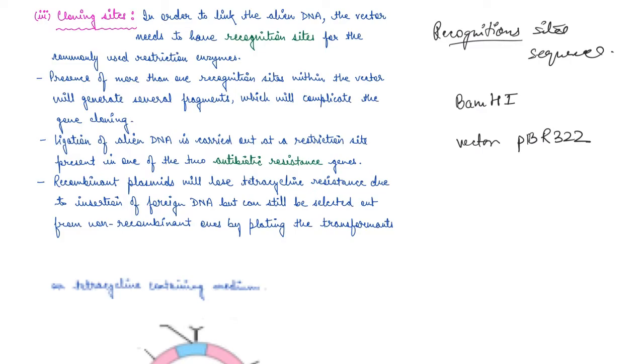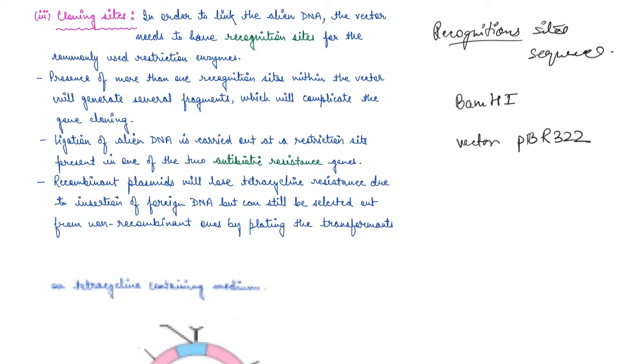So the transformants growing on ampicillin containing medium are then transferred on a medium containing tetracycline. And these recombinants will grow in ampicillin containing medium, but not in that containing tetracycline, right?